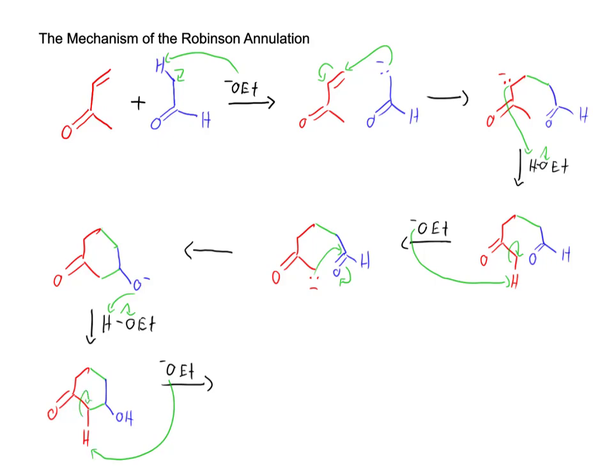That will create the enolate that is needed to carry out the E1CB mechanism. In our final step here, that enolate will form a double bond and kick off the OH leaving group. This, of course, is our final product, which we said was a carbonyl where both the carbonyl and the double bond were on the same 6-membered ring, an alpha-beta unsaturated carbonyl on that 6-membered ring.